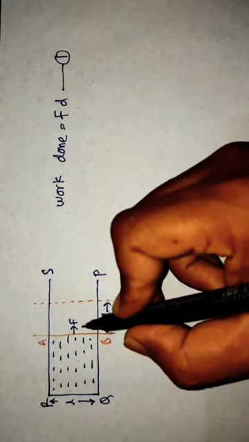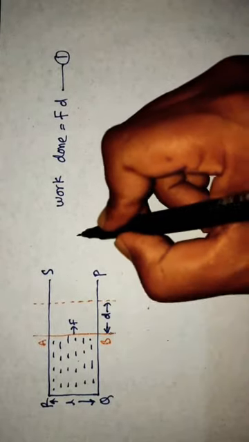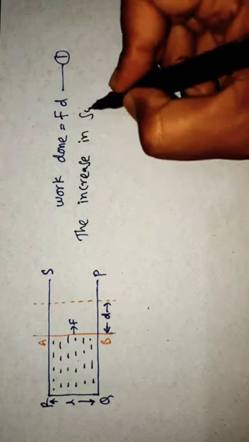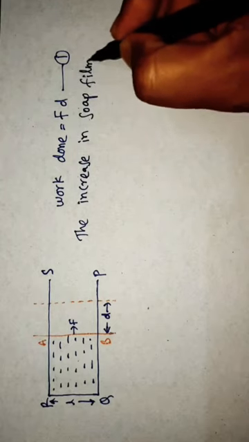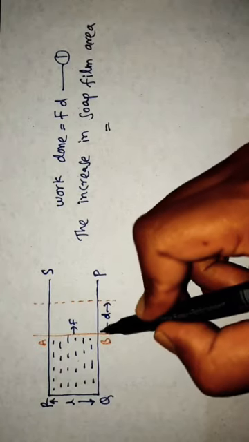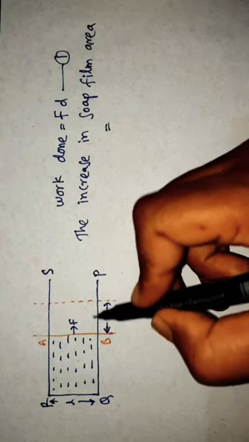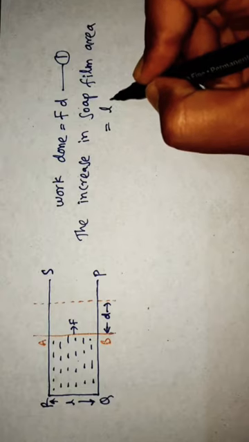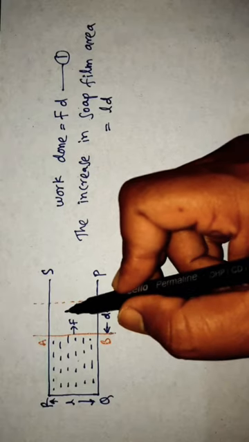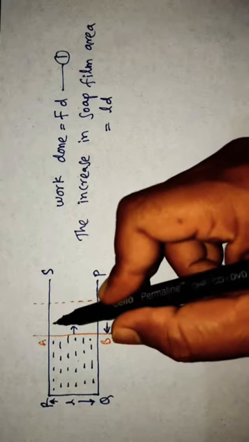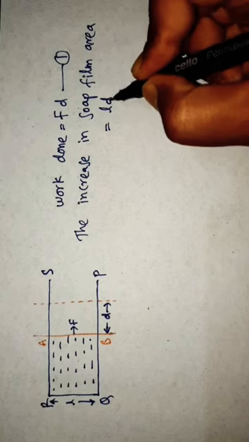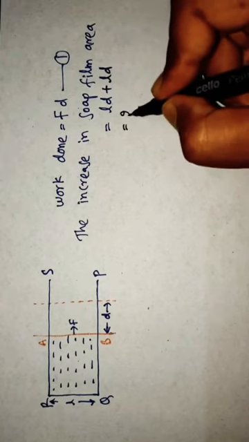The increase in soap film area: length is L, breadth is D, so area is length into breadth, L D. But this soap film has two surfaces, one above the film and another below the film. So that is LD plus LD, that is 2LD.